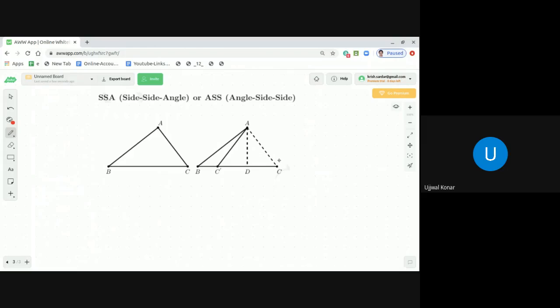Now what are the two sides we are considering? One side is AB. This AB is equal to this AB. And this AC we are considering with this AC, correct? And an angle which is not included between these two sides is this one, angle B, and here also angle B, correct?